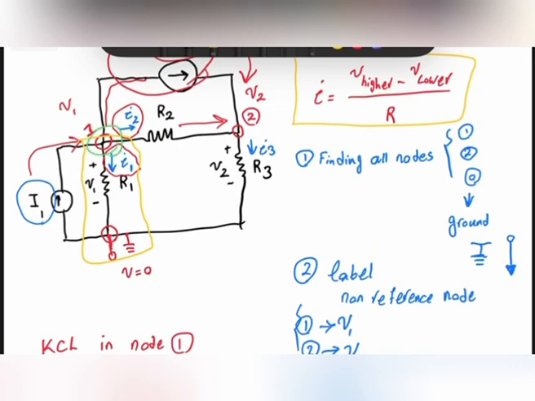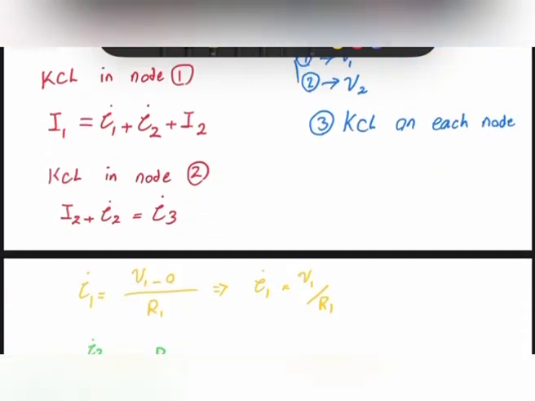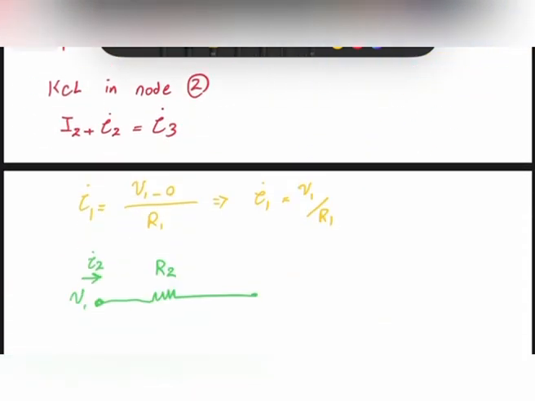Here we have V1 and here we have V2. According to the equation, we are assuming that the voltage at V1 is higher than the voltage at V2, so I can say that I2 is V1 minus V2 over R2.